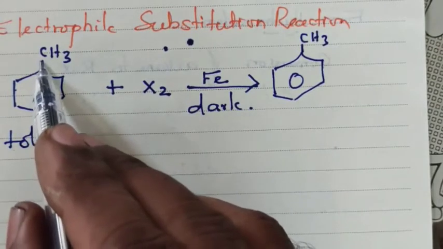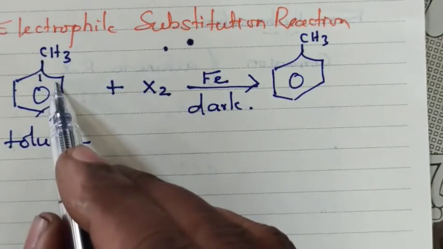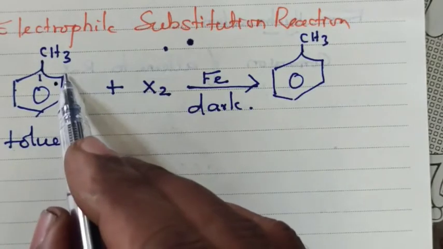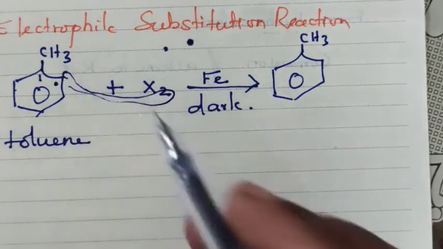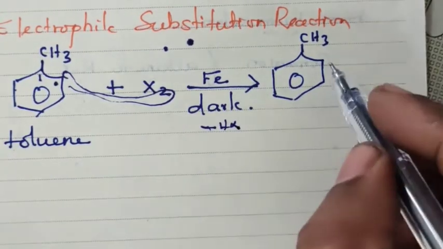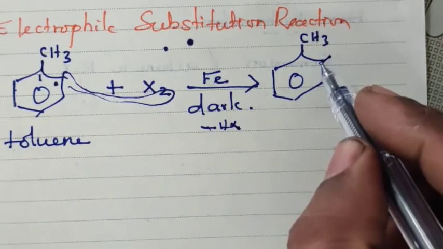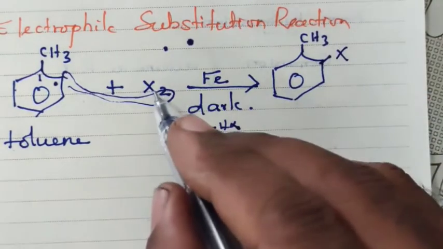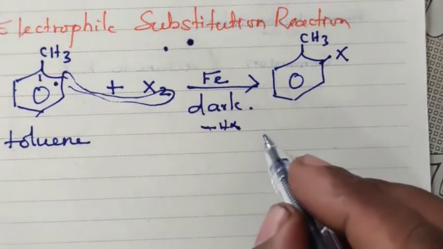That means here the CH3 group is present, so this is the first position, and this is the second position. From the second position, one of the hydrogens reacts with the X and becomes HX and is removed. So what are we getting? The hydrogen atom of the ortho position is replaced by a halogen atom.